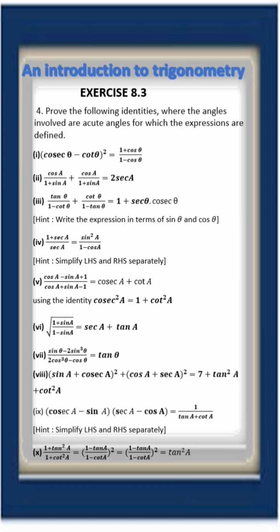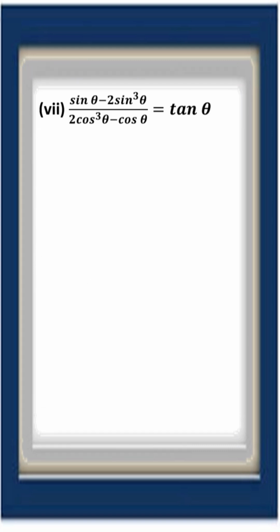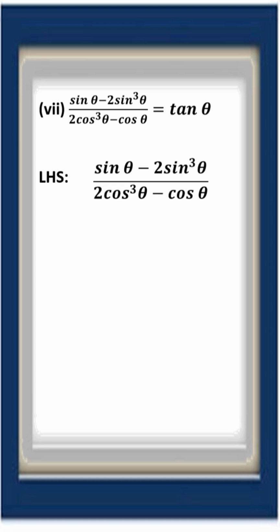Now let us solve the 7th question, that is sin theta minus 2 sin cube theta upon 2 cos cube theta minus cos theta is equal to tan theta. So the LHS is sin theta minus 2 sin cube theta upon 2 cos cube theta minus cos theta. In the numerator sin theta is common, in the denominator cos theta is common. So now the LHS is sin theta is common in the numerator, 1 minus 2 sin square theta.